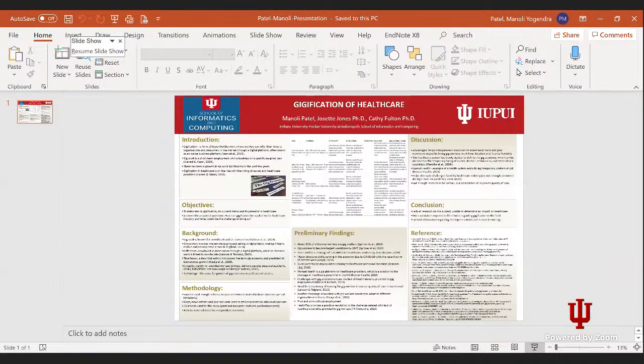Awesome, thank you. So Manoli, thank you for the presentation, well done. Thank you. So you discussed how, regarding gigification at this time, the only research that we have is that they can provide the necessary healthcare workers when needed, like in the COVID epidemic, but we have no data about how they impact the care or at what level, the professional level or the non-professional level.